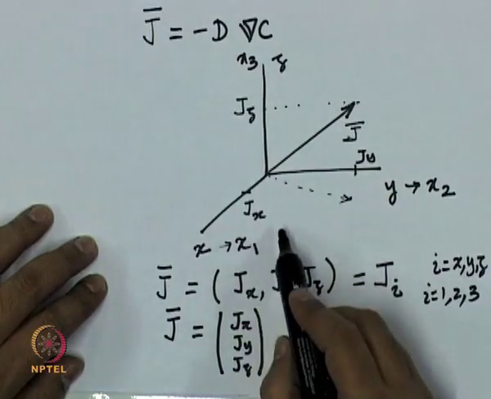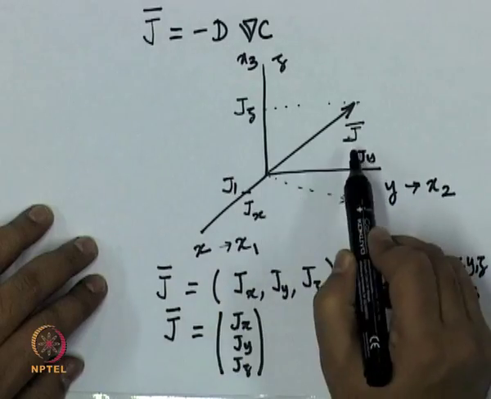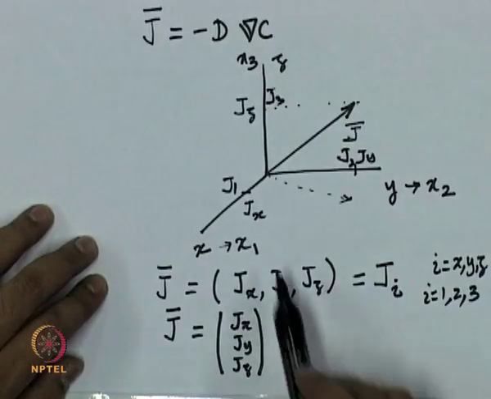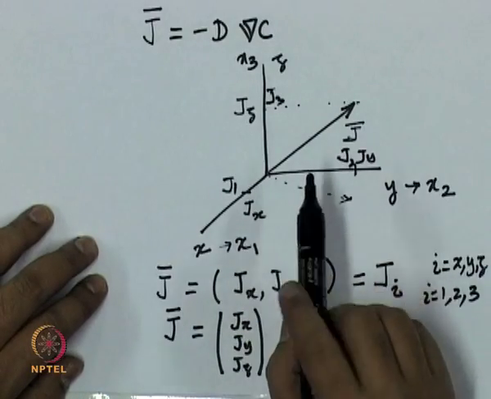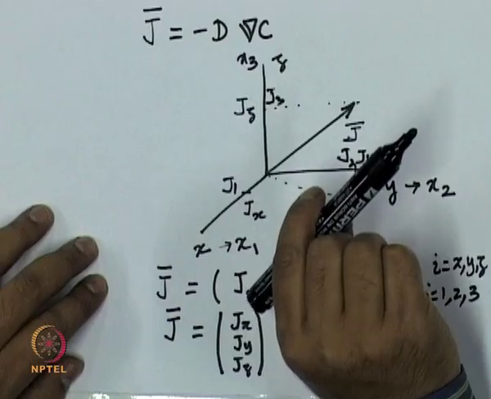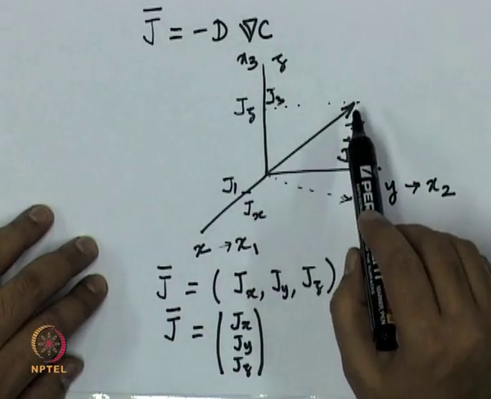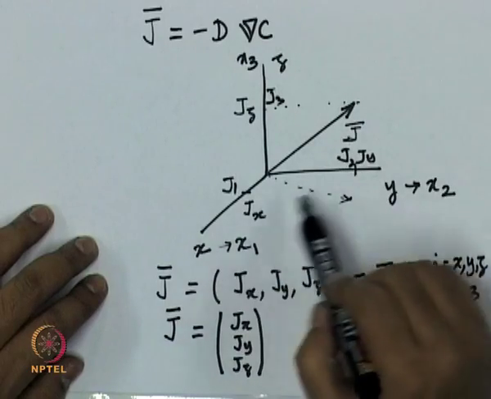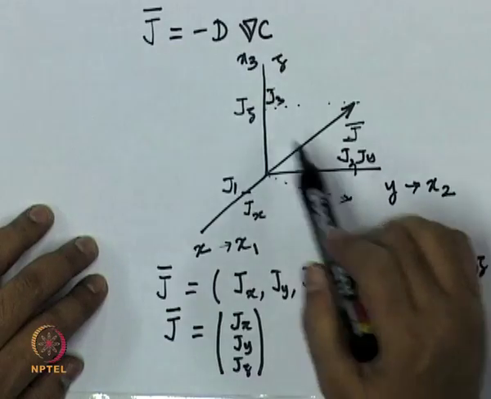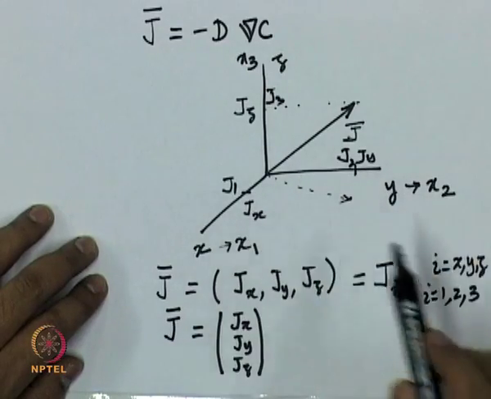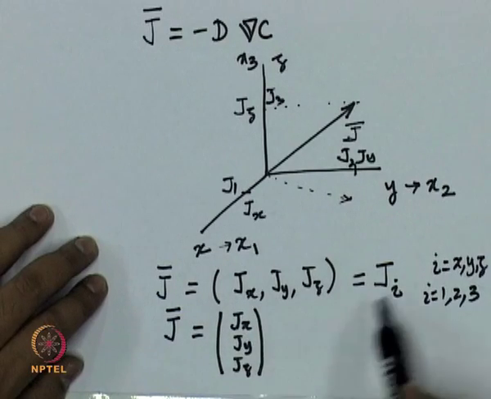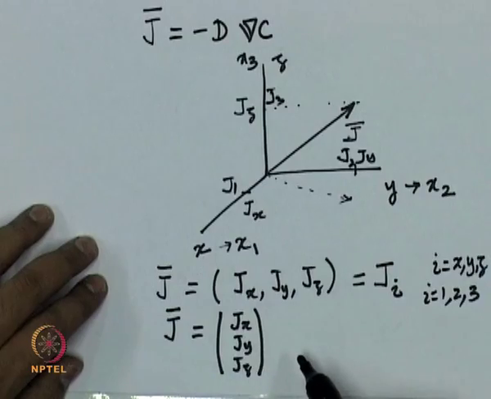So, the components are then known as j1, j2, j3. So, in a 3 dimensional space, if I have a vector, then the components of that vector resolved along the 3 reference directions that I have taken, they basically form a column matrix. This is another representation for the vector.